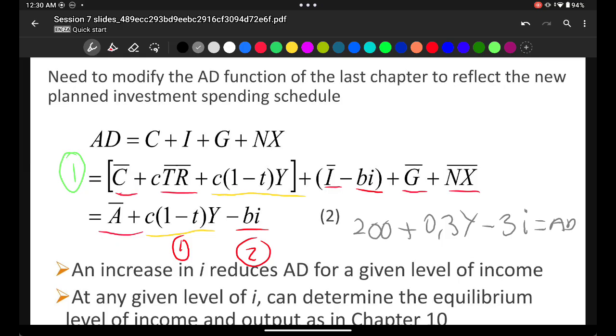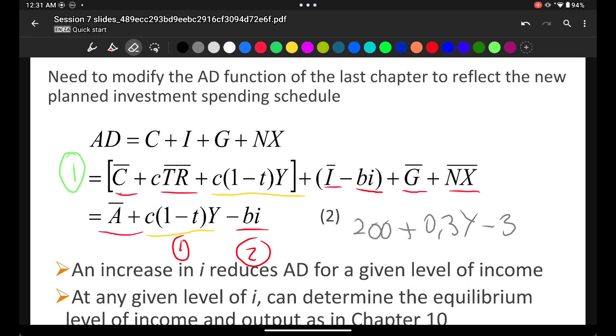If they give you the interest rate, say 3%, obviously what you're going to do is simple: you're going to fill in all the values you got. If they give you 0.03, you put that in your answer. But whatever they say I is, if they say in the question I is 7, you just put 7.